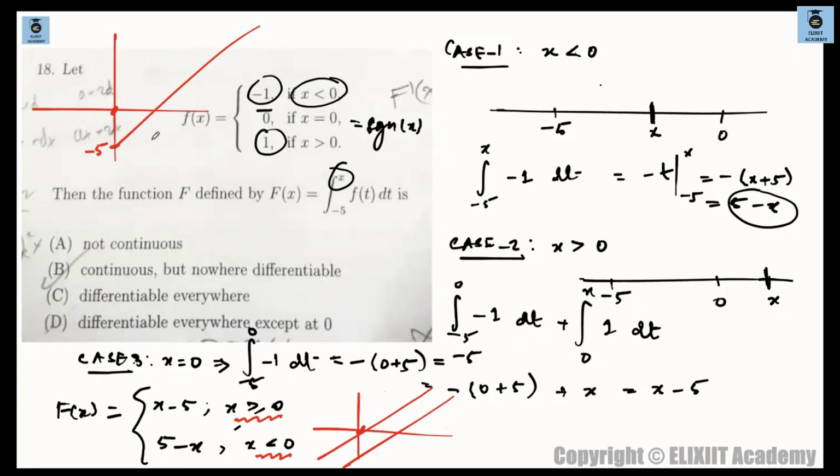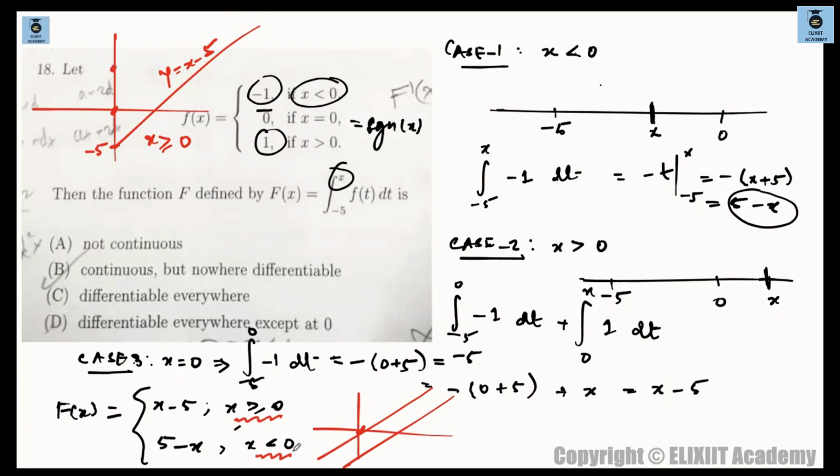But we have to take this region, for x greater than or equal to 0, we are getting this graph to be y equal to x minus 5. And if x is less than 0, it's 5 minus x. So y is equal to minus x plus 5. You're drawing the graph of minus x, then shifting it 5 units up. So your graph of y equal to minus x will be somewhat like this.